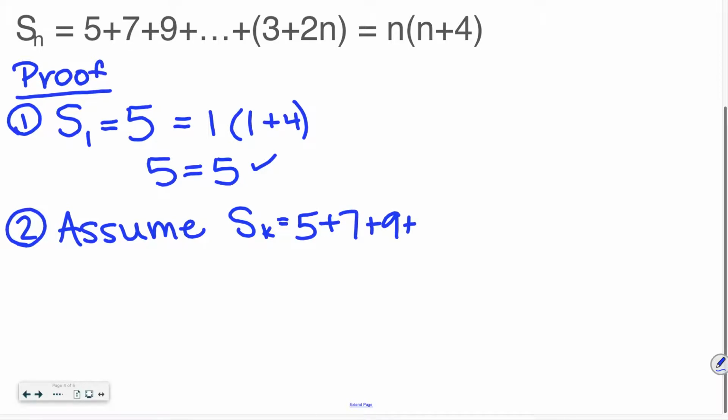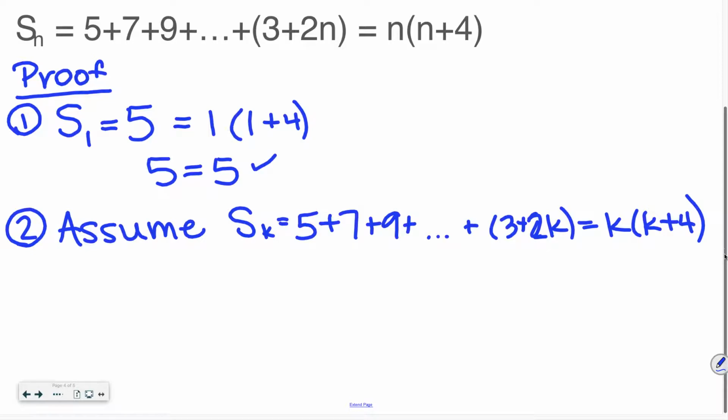It's kind of a mouthful, right? All right, so we're going to assume S of K is 5 plus 7 plus 9 plus blah, blah, blah plus 3 plus 2K equals K times K plus 4.